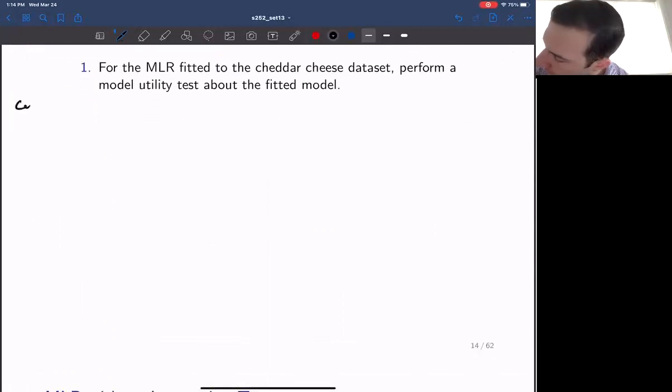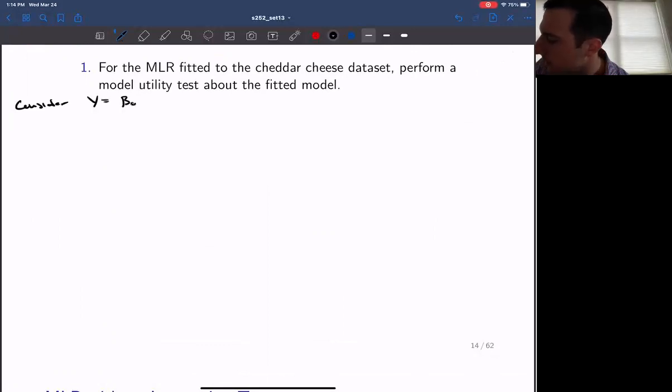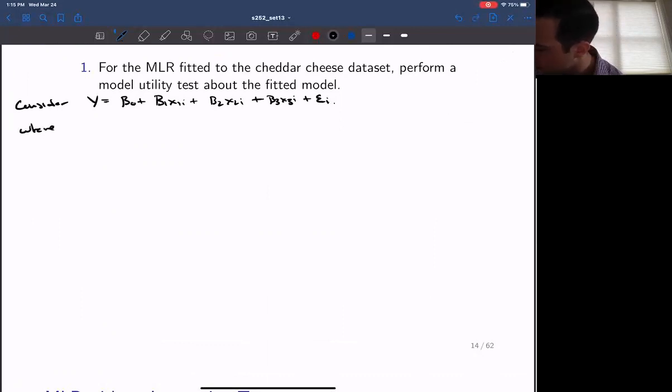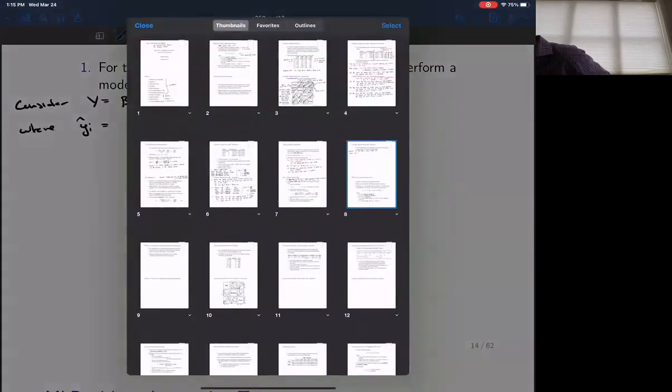So consider y is equal to beta 0 plus beta 1 x1i plus beta 2 x2i plus beta 3 x3i plus epsilon, where yi hat is equal to... Okay, so now we're just going to use the regression line that we fitted last class.